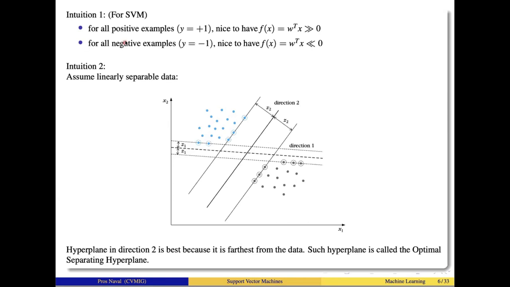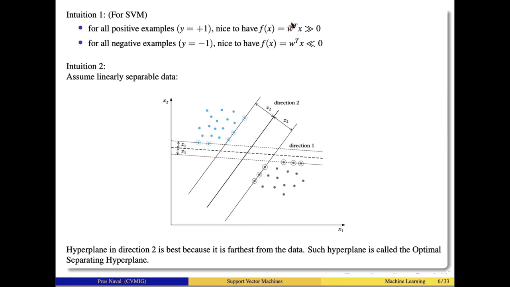For all positive examples, y equals plus 1, it is nice to have the value of f of x, or w transpose x, including the bias. We have absorbed the bias here, so we can do that by setting the x0 to 1 and then the w0 to one of the elements.